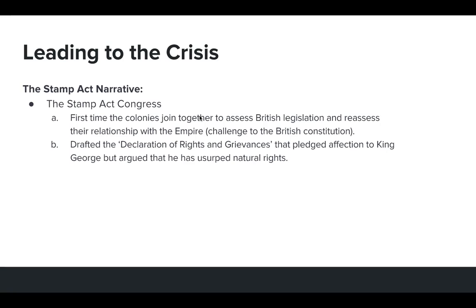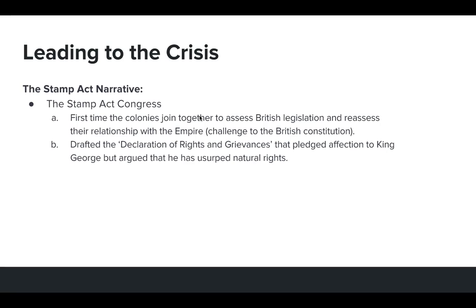It's the very first act of the colonies to turn around as one united party, aside from those 4 colonies that didn't join, to challenge the king over the British Constitution. And so what ends up happening is a drafting of the Declaration of Rights and Grievances by the Stamp Act Congress that pledged affection to King George, but argued that he had usurped natural rights.